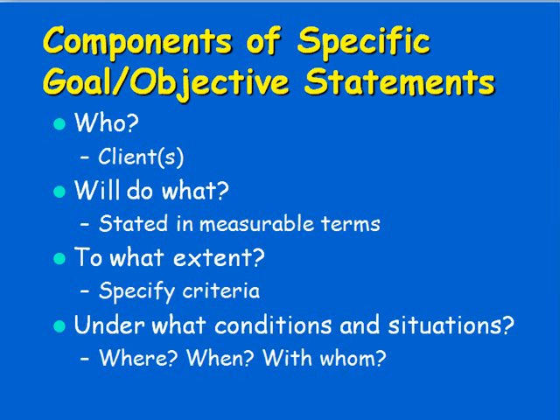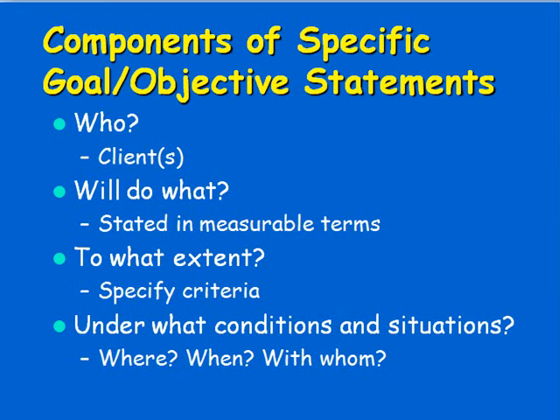a standardized scale. To what extent, and this is where the specified criteria comes in: until their score reaches 20, or until we work with the client for 12 weeks. That may be part of the criteria as well, if you have a limited number of sessions.